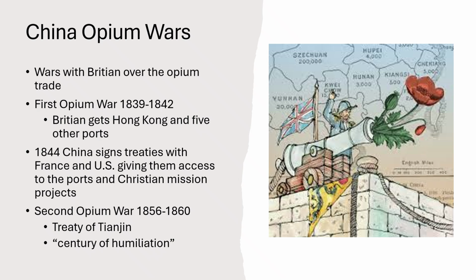This begins what the Chinese call a century of humiliation, essentially feeling as if they are being oppressed by the West, and this ultimately will lead in the long run to the Chinese Revolution and the end of the Qing Empire. But in the meantime, the British and all the other European powers are going to come away with favorable trade advantages here in China.